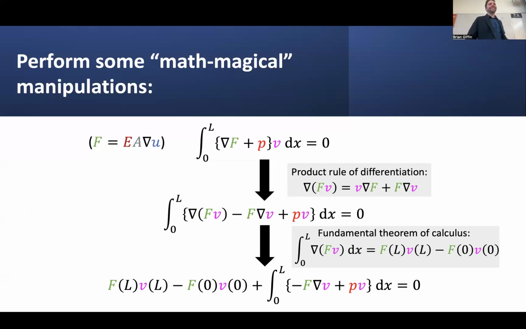That's an important realization. It basically means we've worked around that first problem that we had pointed out when we were imposing equilibrium in the previous strong formulation of the boundary value problem.